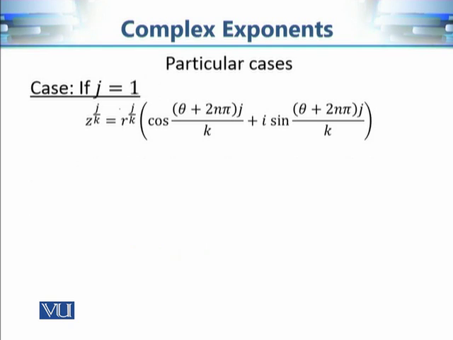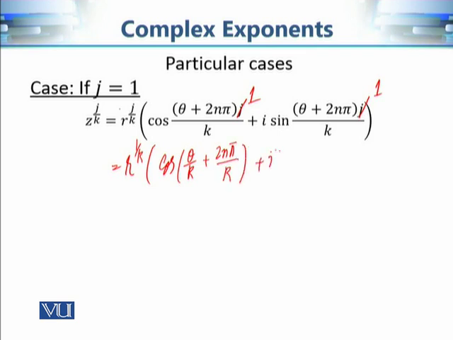Now let's focus on the next particular case, when j is equal to 1. In this case, when we take j equal to 1, then this becomes 1 and this becomes 1. So what do we get? We get r raised to power 1 over k and cosine of theta over k plus 2 n pi over k plus iota sine of theta over k plus 2 n pi over k.